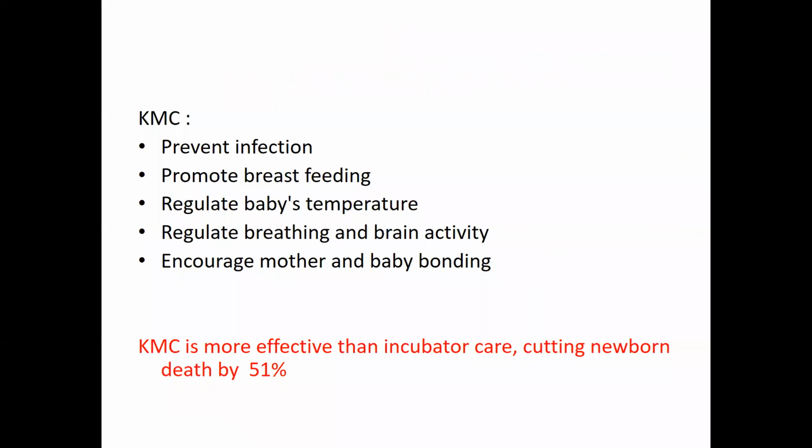Kangaroo mother care can prevent infection, promote breastfeeding, regulate the baby's temperature, regulate breathing and brain activity, and encourage mother and baby bonding.